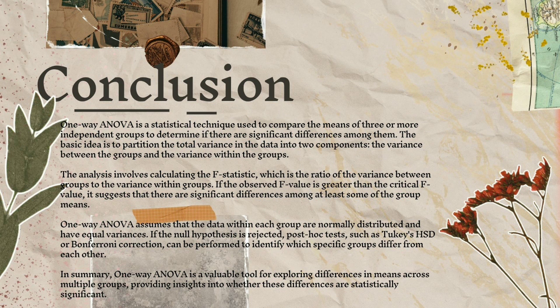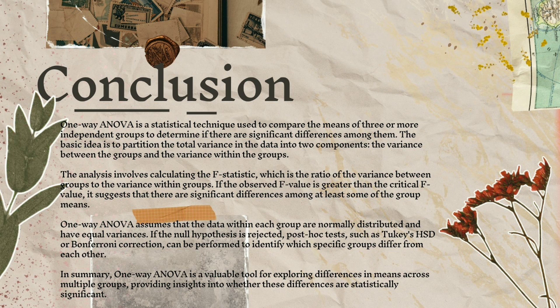Conclusion: one-way ANOVA is a statistical technique used to compare the means of 3 or more independent groups to determine if there are significant differences among them. The basic idea is to partition the total variance in the data into two components: the variance between the groups and the variance within the groups.